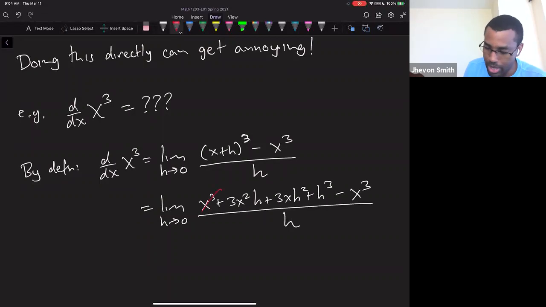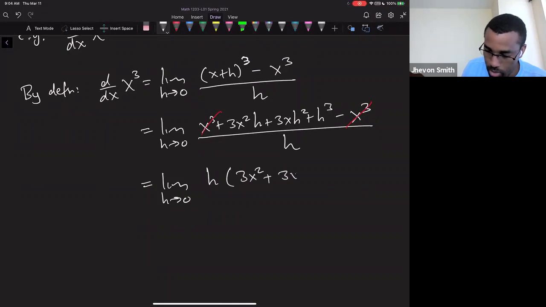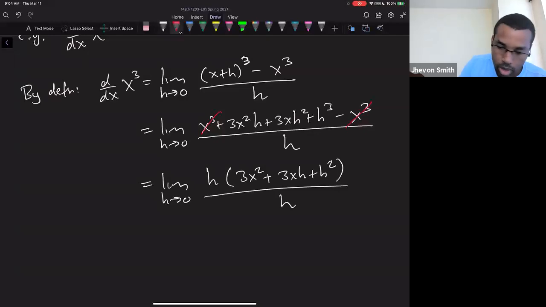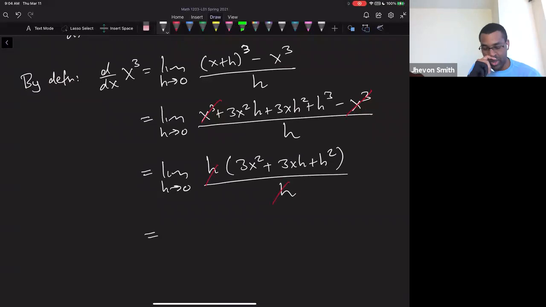This guy would cancel. There'd be a common h left. That guy would cancel. And then you can plug in h equals 0. You'll realize that you're left with 3x squared. And you're like, well, that's neat.